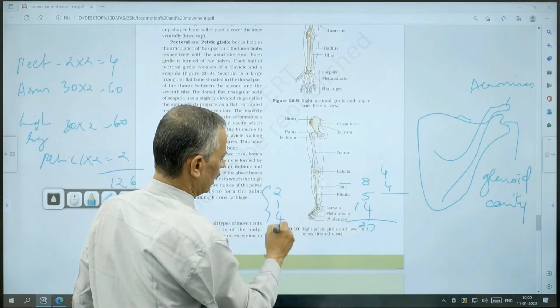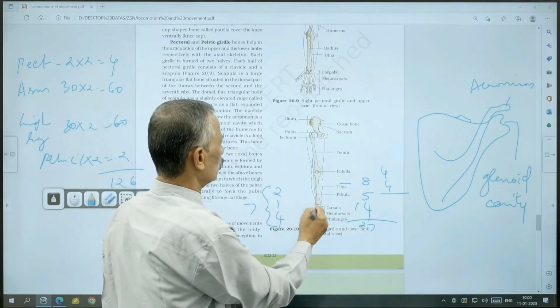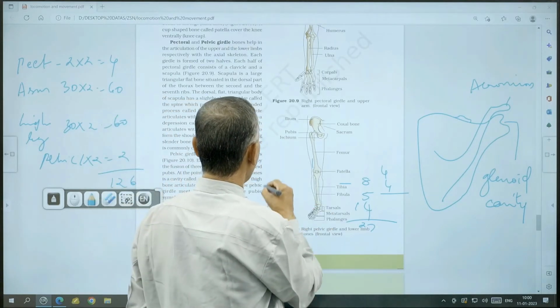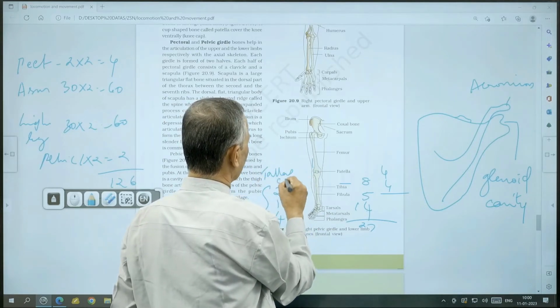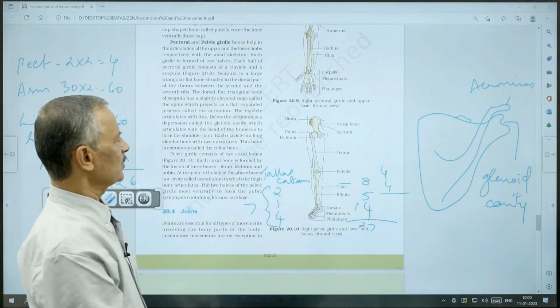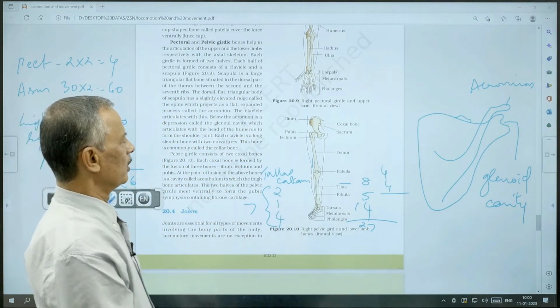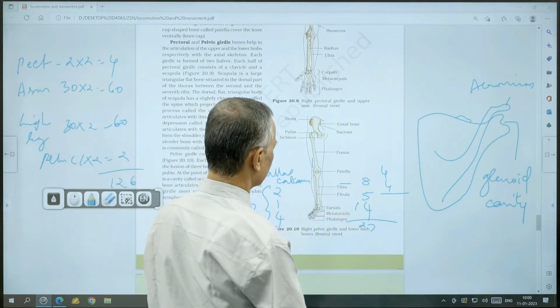The first two are larger. They are called talus and calcaneum. Inner is talus and outer is calcaneum. Calcaneum extends backward to form the heel.